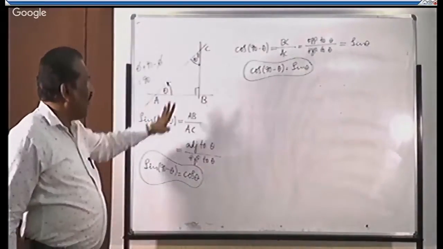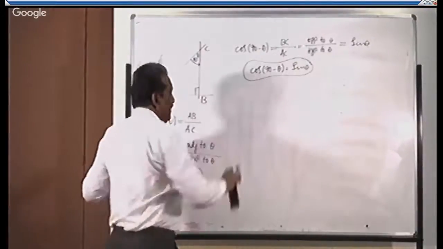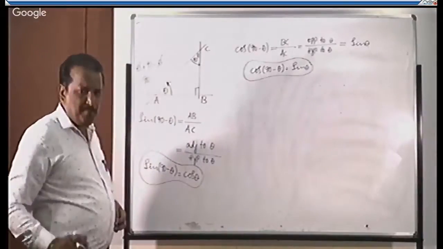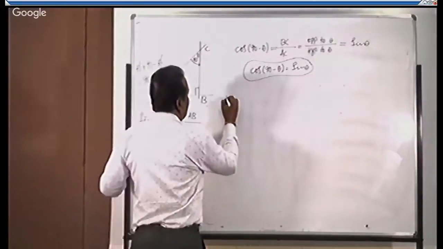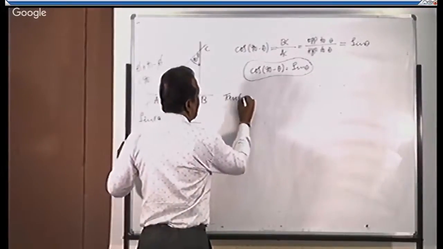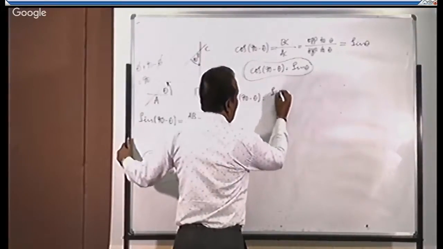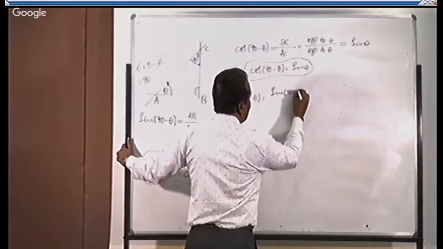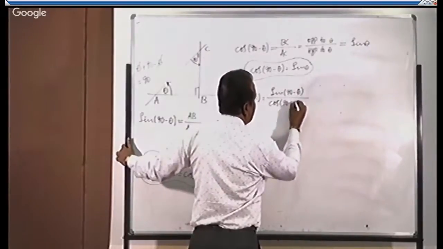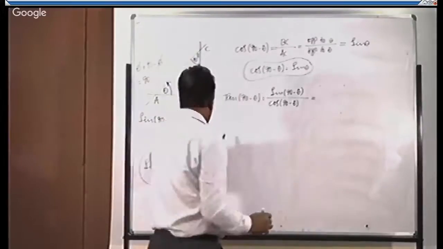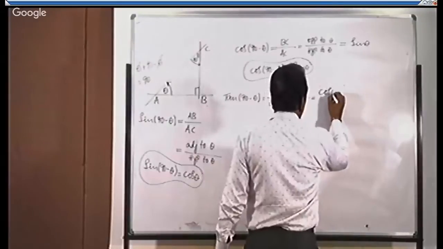Instead of writing all these things repeatedly, by using the basic identities and reciprocal relations, you can write tan of 90 minus theta. It's the ratio of sine to cos. The angle is 90 minus theta, so sine of 90 minus theta divided by cos of 90 minus theta. But we proved sine of 90 minus theta is nothing but cos theta.